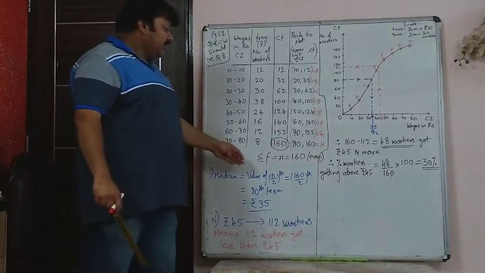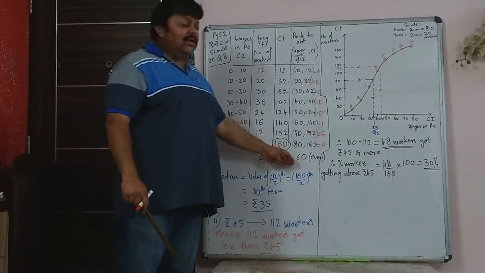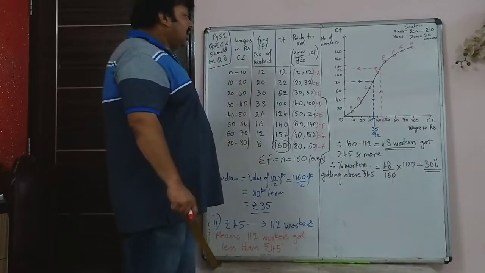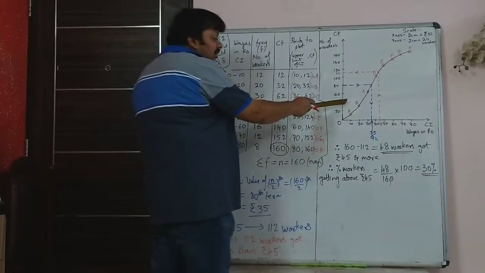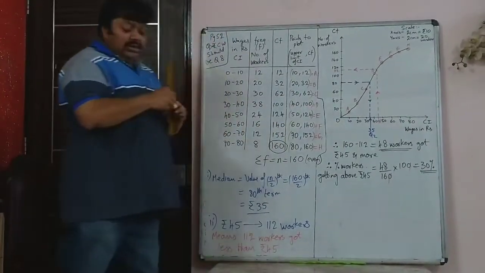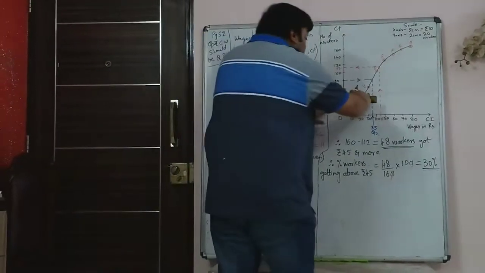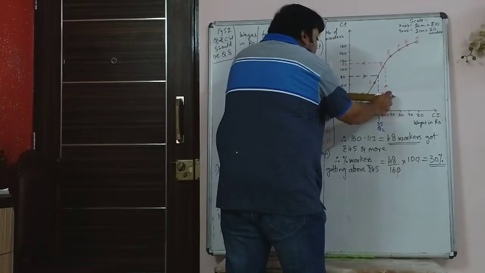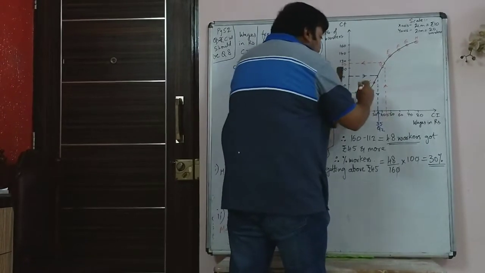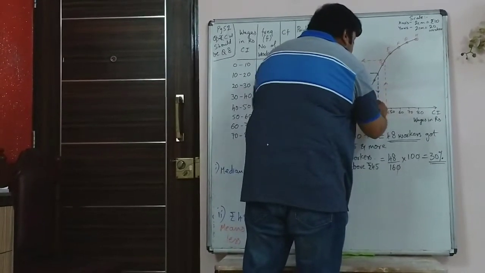What is quartile? 1/4. That means the 40th term's value. So how do you find the 40th term's value? What is the amount of rupees that the 40th worker will get? So from 40, from here, the 40th worker, you draw a straight horizontal line, dotted, and from there bring it down to the x-axis.